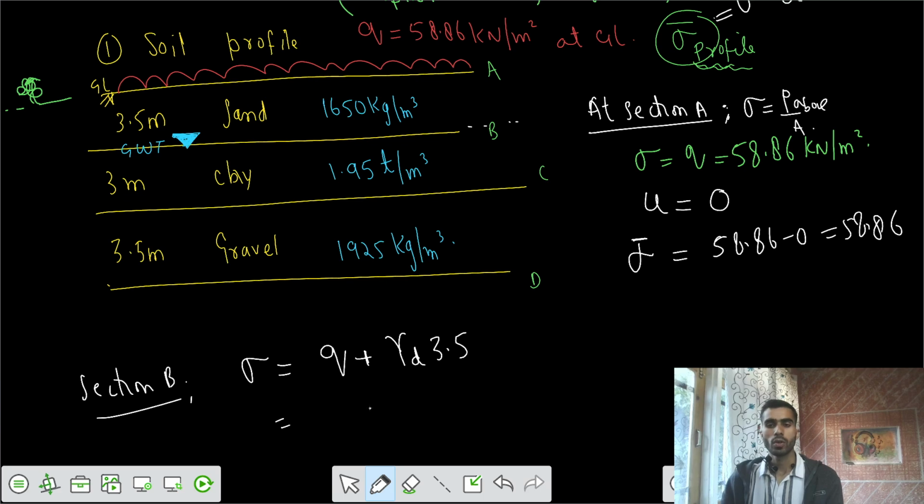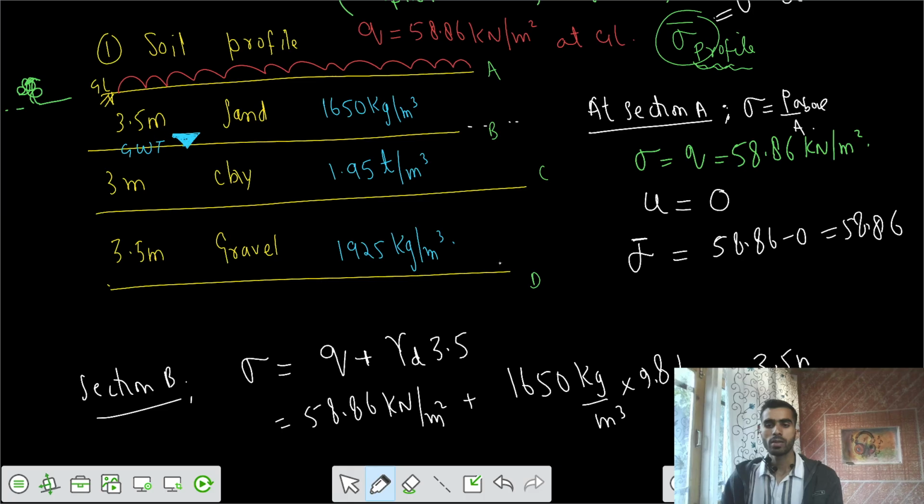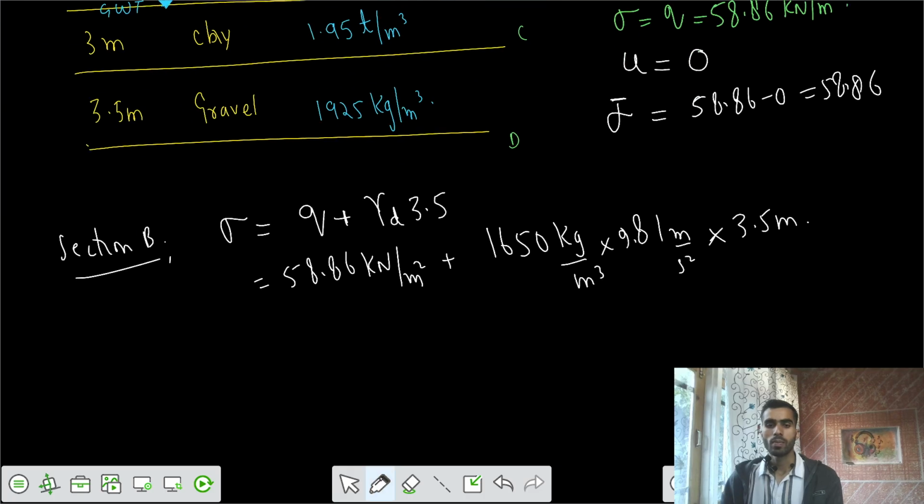Your q equals 58.86 kilonewton per meter square, and your gamma dry is 1650 kg per meter cube, into 9.81 meter per second square, into 3.5 meters. That would be some value around 115.5 kilonewton per meter square.